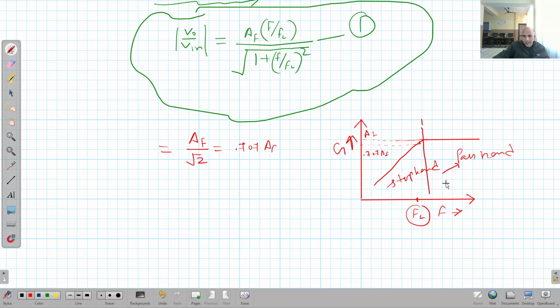But as F is approaching this side, F is less than FL, then in that situation it is decreasing. Now the roll off rate, the fall rate of this gain, in this case again it is a first order filter, so it is minus 20 decibel per decade. Clear?